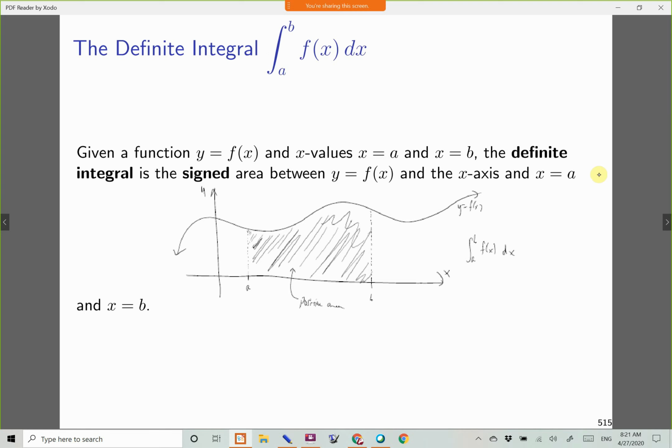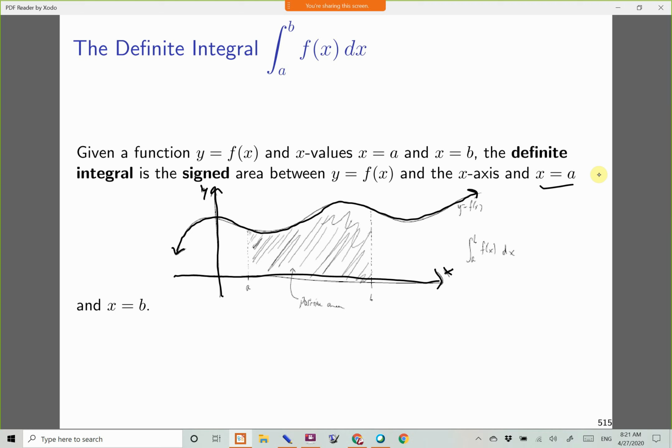So you've got, first of all, just the axes, x-axis, y-axis, and then you have just the graph of some function. So I just drew some function generically here, whatever your function is, y equals f of x. And so the area between the graph and the x-axis, right? But then also bounded by x equals a.